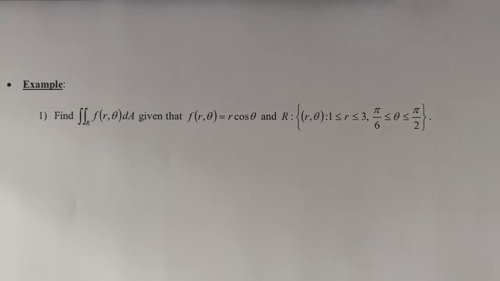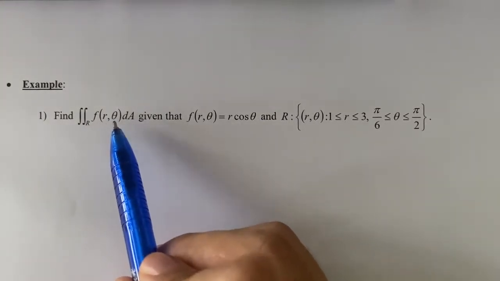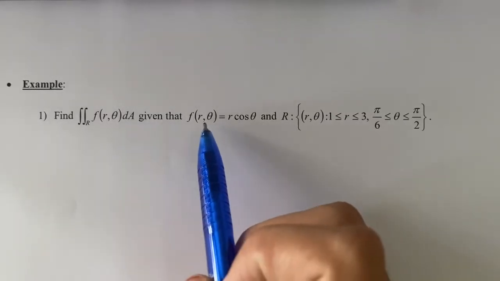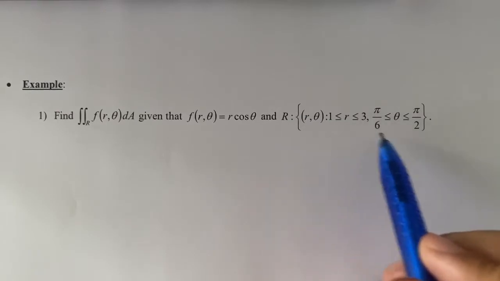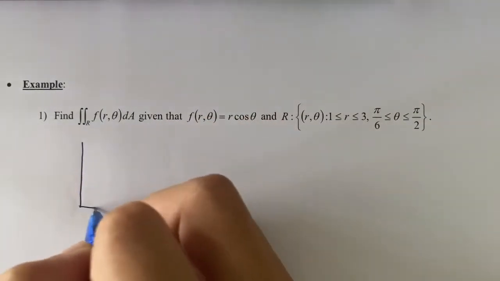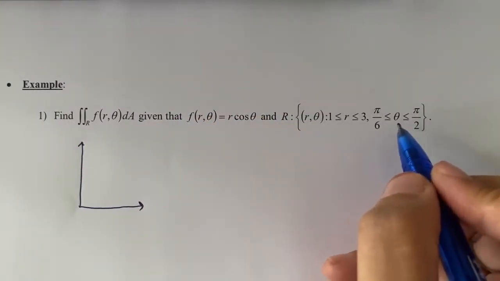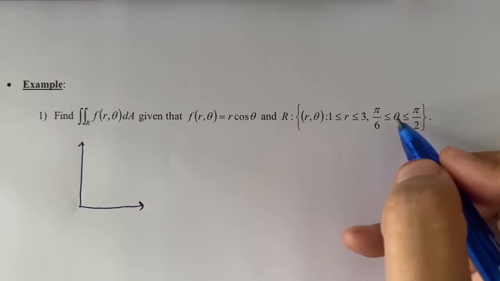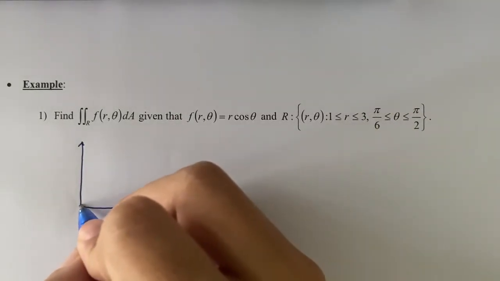As for the example, we have to find the double integral of f(r, theta) dA, given that f(r, theta) equals r cos theta, and the region is bounded by this r and theta. So if we sketch the region, theta is between pi over 6 and pi over 2.